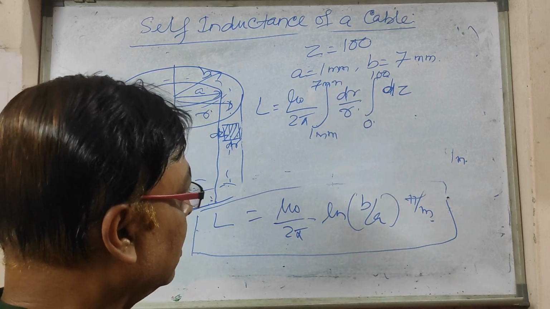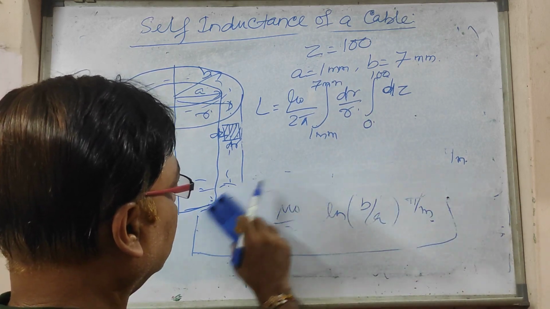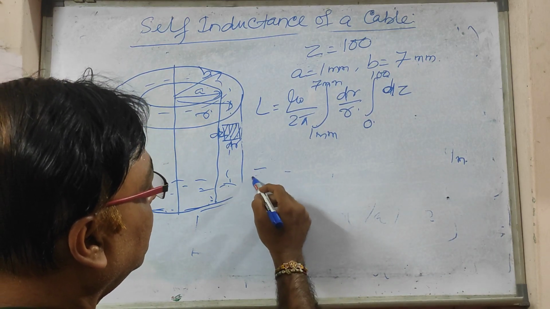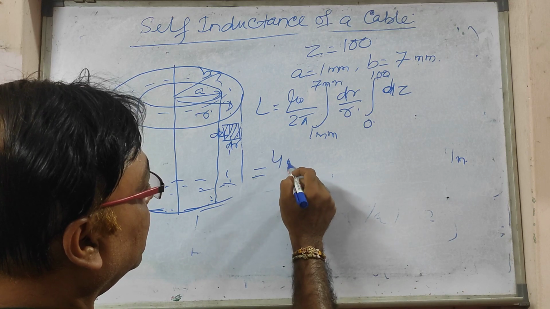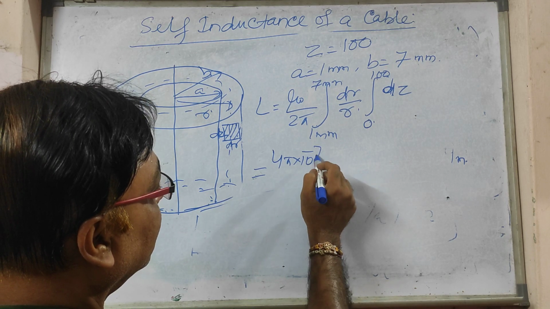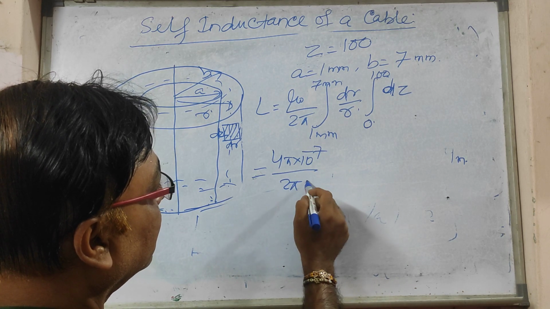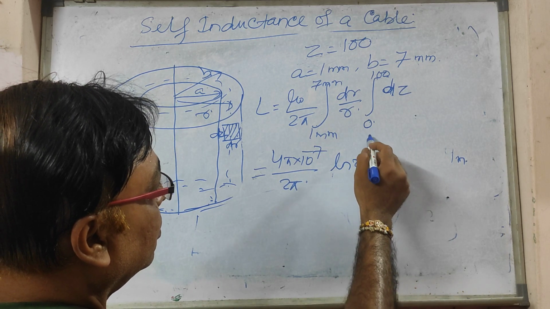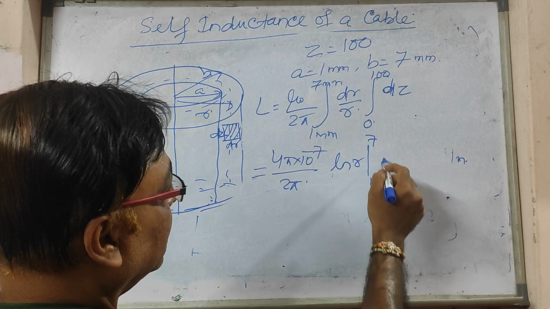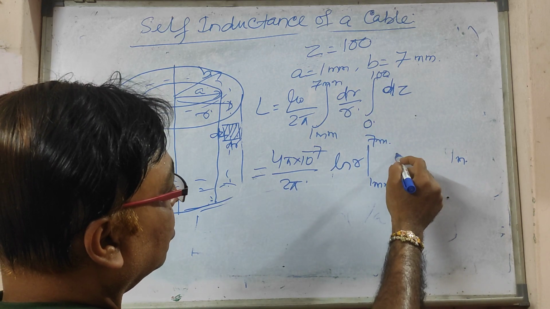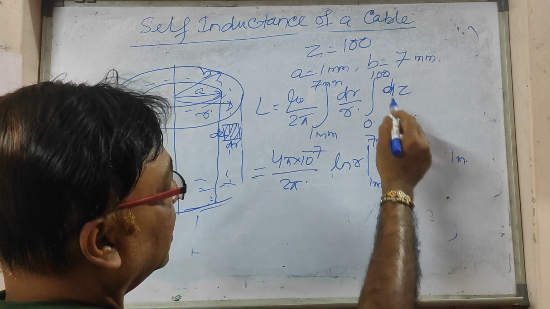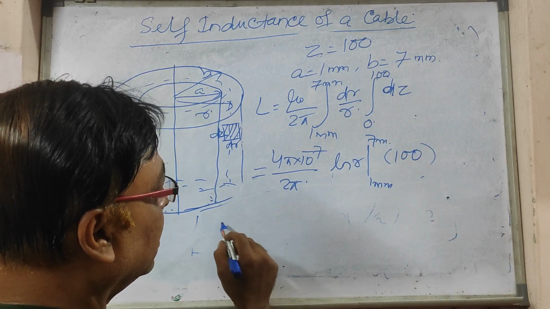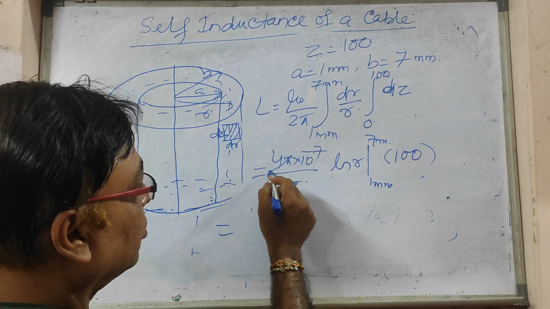Now the value will be mu 0, you can put the value 4 pi into 10 to the power minus 7, divided by 2 pi. So it will be ln r from 1 to 7 millimeter, and this one will be 100 because the integration of dz will be z and it will be 100. So now 4 pi by 2 pi, this will get cancelled.